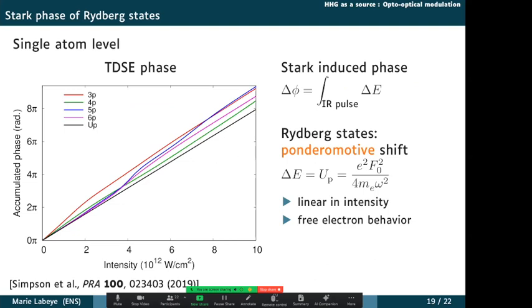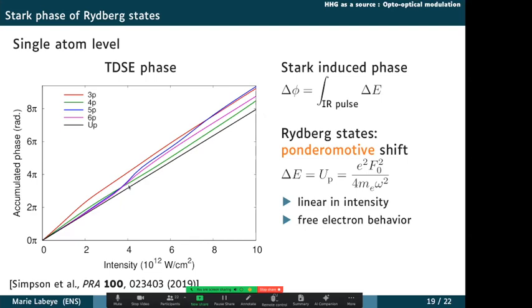And so why is it that the 2p and the np states behave so differently? And why do we claim in this article that this experiment could actually be a measure, maybe not a direct measure, but an indirect measure of the AC Stark shift? It's because if we look at the phase, back at the single atom level, of the different p transitions as a function of IR intensity, all the p states behave more or less the same way, very similar to that of a free electron in an electric field.